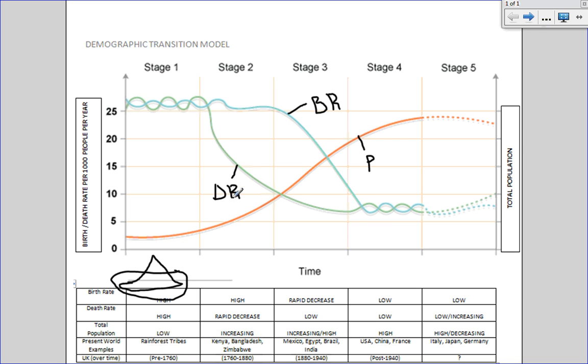Stage 2 is where the demographic transition starts to happen. As we see here, the death rate drops rapidly. We can see this here on our table, a rapid decrease. And that's largely because we see medical technology being brought into these places. We see better health care, better nutrition and sanitation.